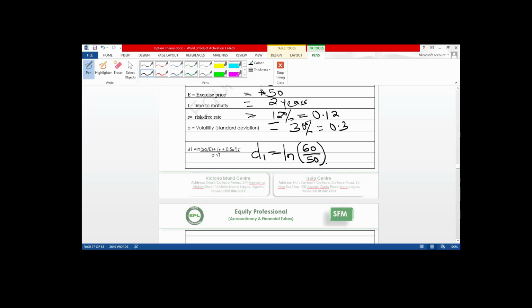Close your bracket, plus open another bracket, small letter r, risk-free rate 0.12, plus 0.5 multiply by 0.3 volatility.